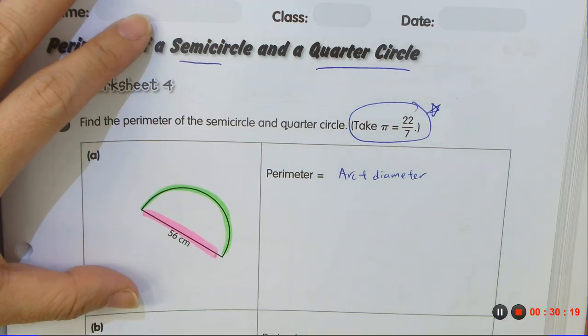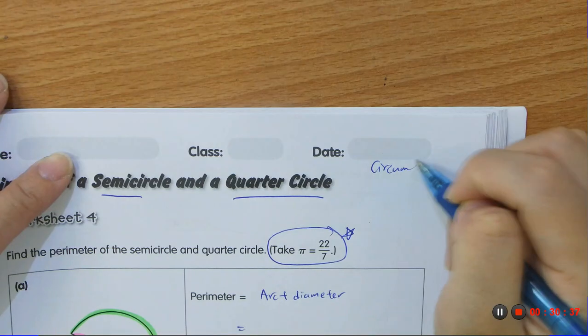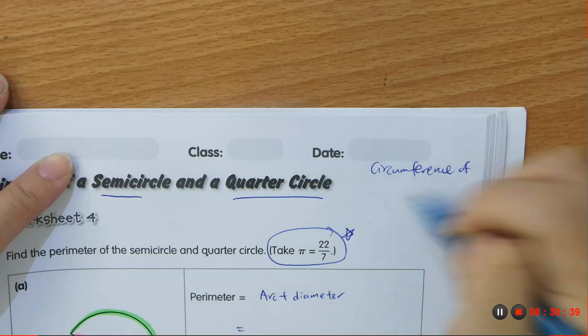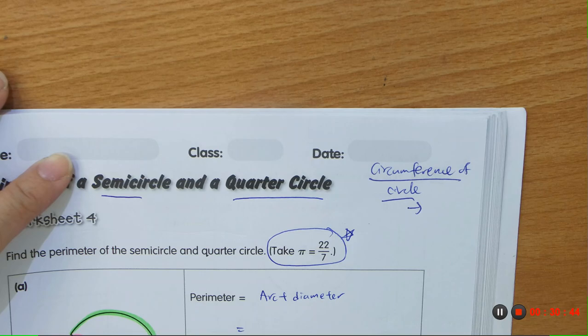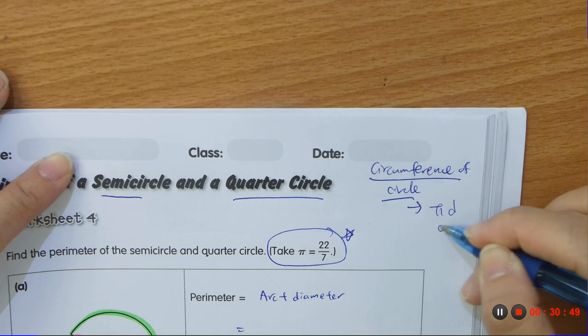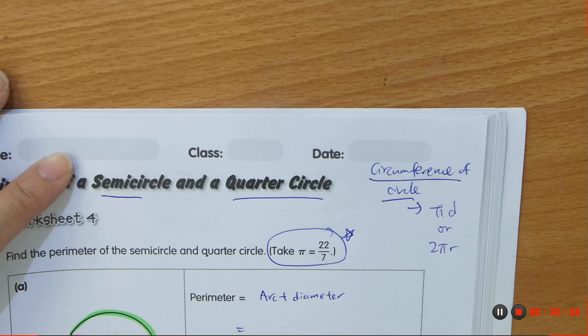And so, the length of the arc should be... let's write on top here the formula for the circumference of a circle. What's the formula for the circumference of a circle? Pi d or 2 pi r. It's either pi d or 2 pi r.